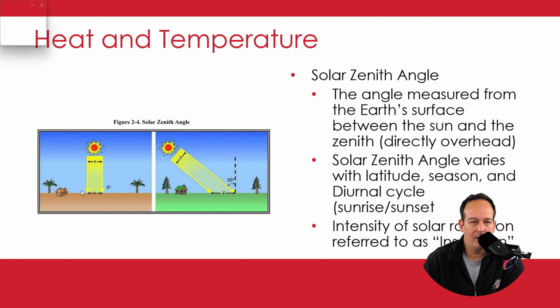So here on the left, it says 0 degrees, so we're at the equator. And at the equator, at the summer solstice and at the Tropic of Cancer, where it's a direct 0 degree difference, it's a perpendicular solar zenith angle. And so it's directly receiving sunlight from the sun.